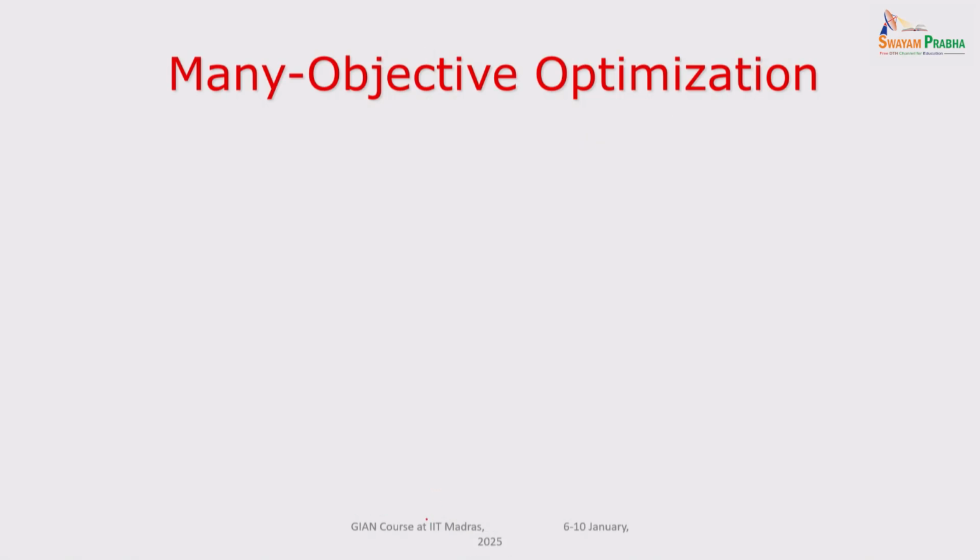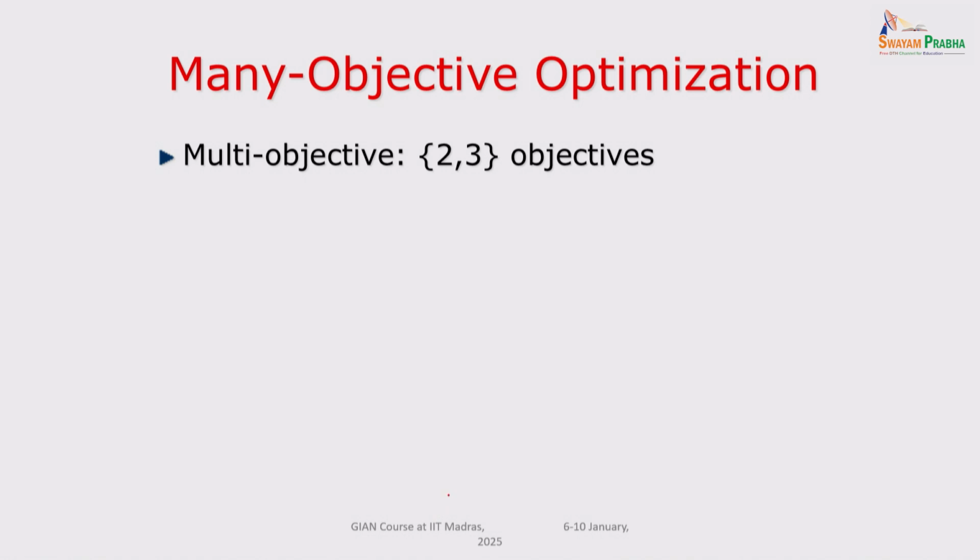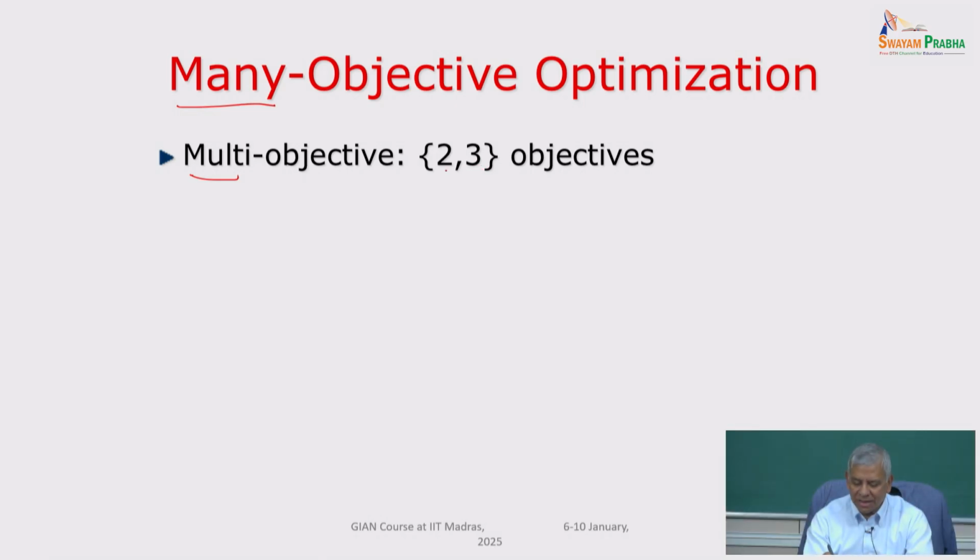But let's start with this many objective. First of all, why do we call it a different name? Not multi, but many. That's because we've seen NSGA-2, SPEA2, these kinds of methods, they work for 2 and 3 objectives very nicely because it's fast and because of the way we have got the diversity preservation mechanism working, that's specific to these methods.